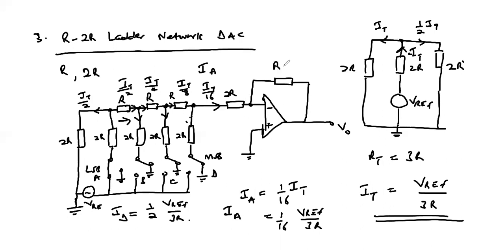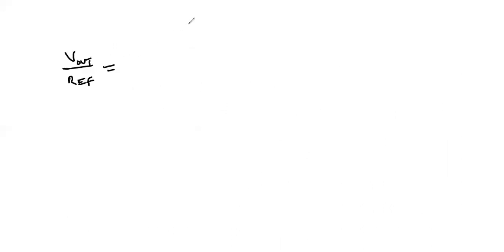from which we can write the equivalent current as follows. Our output voltage divided by the reference voltage will be equal to, on the feedback path, we have a reference resistor. The current in the feedback path will be V out divided by RF. You can write this as RF, which will be equal to negative D over 2.